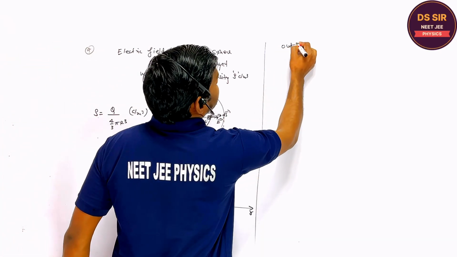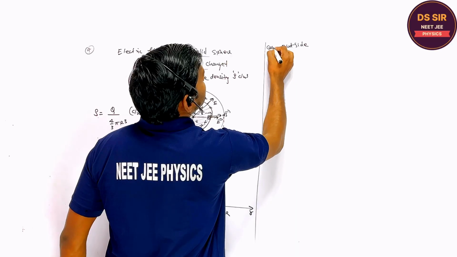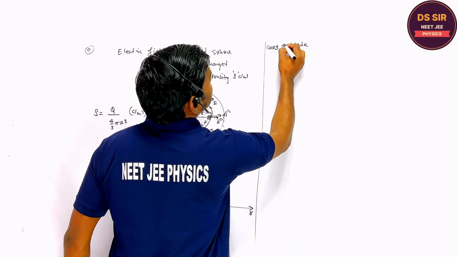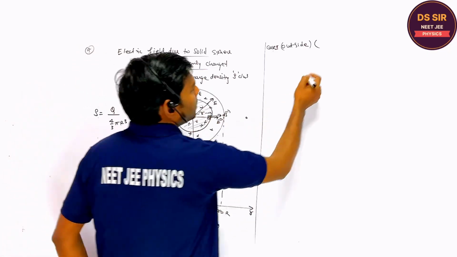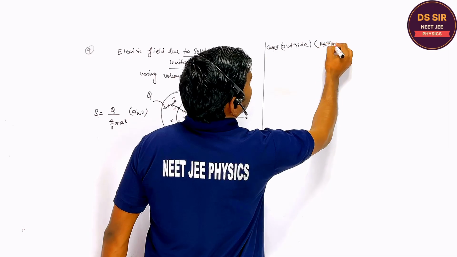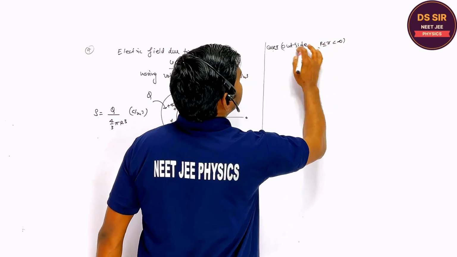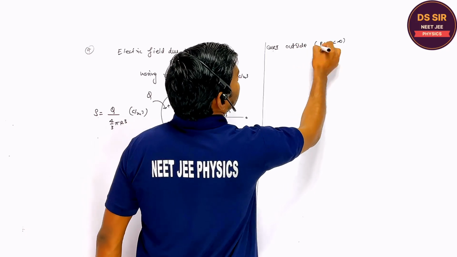So the outside, case 2, the electric field outside. Outside means the point is outside, mean this distance r is greater than capital R and less than infinity. Is it clear or not? Outside. Fine.